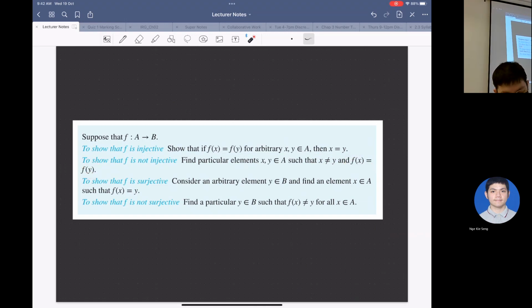So this is like the negation of if P then Q. If it is surjective, you need to find, for every element in your codomain, one image. If it is not surjective, you just need to find one element in your codomain for which you can't find the image. So this is the negation of the proposition.